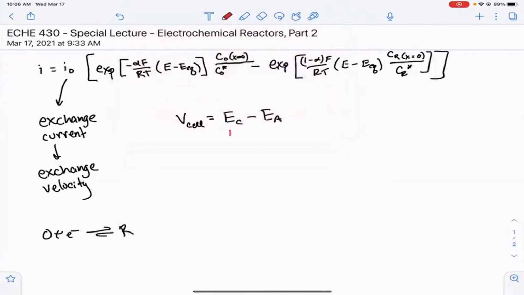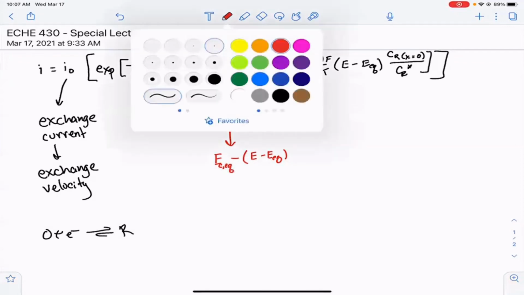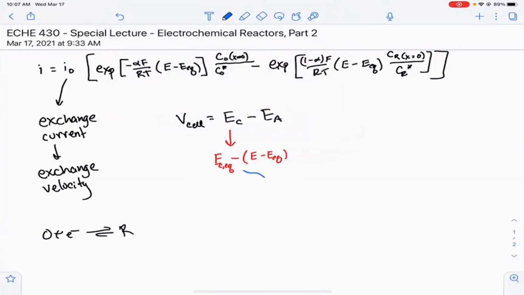The first thing is it's related to our standard potential, right? And then that potential is shifted by whatever this equilibrium potential is. And maybe instead of calling it the standard potential, we'll just call it the equilibrium potential of the cathode. And I know that this equation might seem sort of stupid to write this way, but we have a name for this.